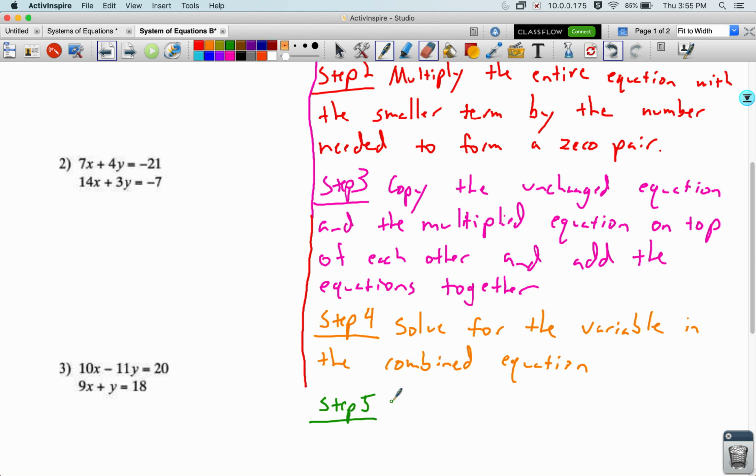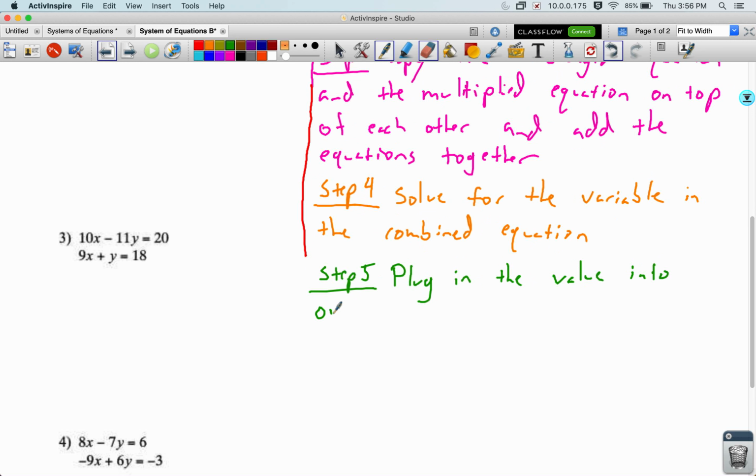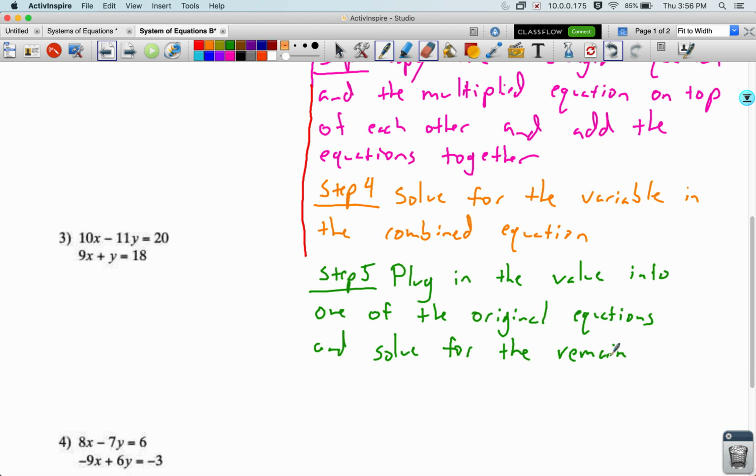We plug in the value into one of the original equations and solve for the remaining variable.